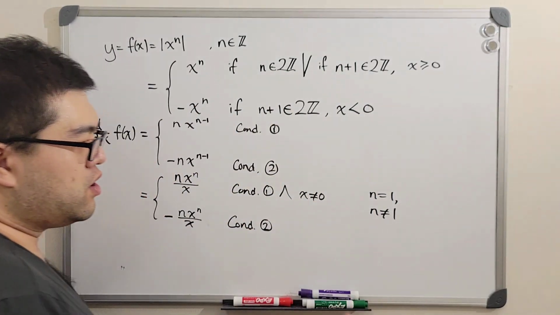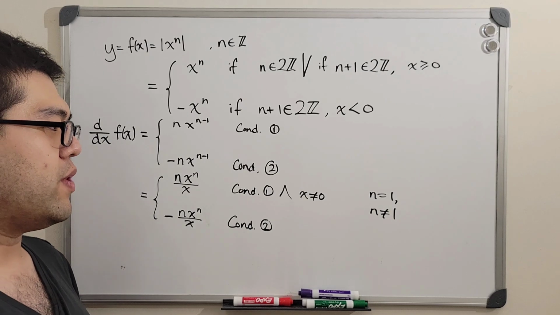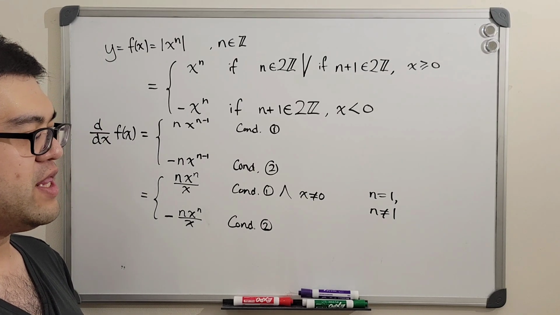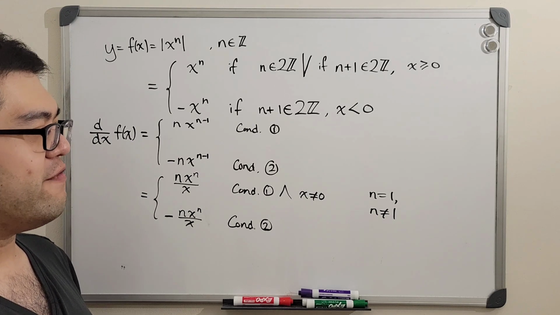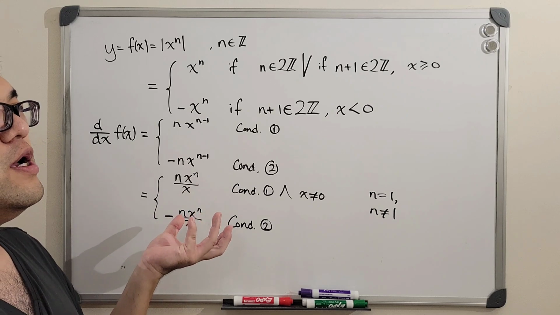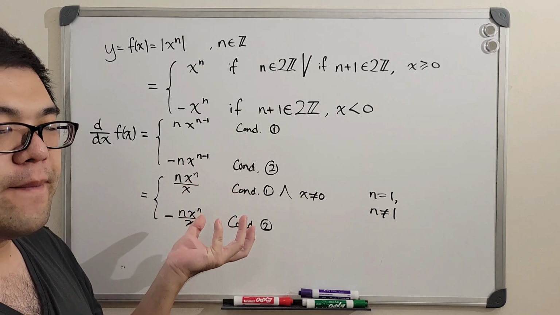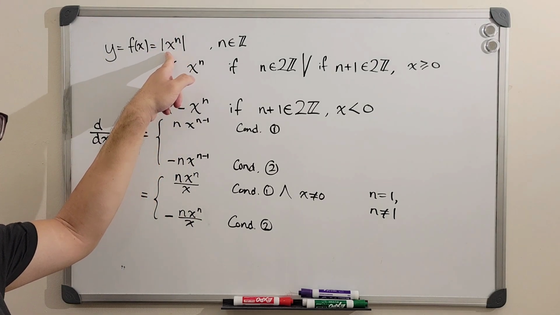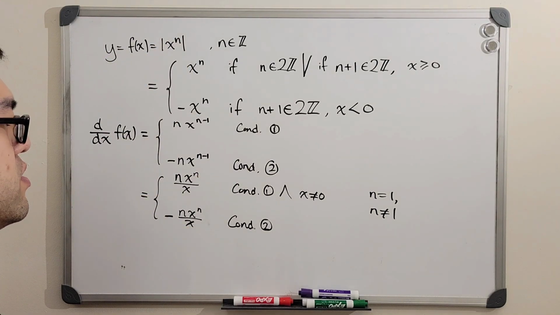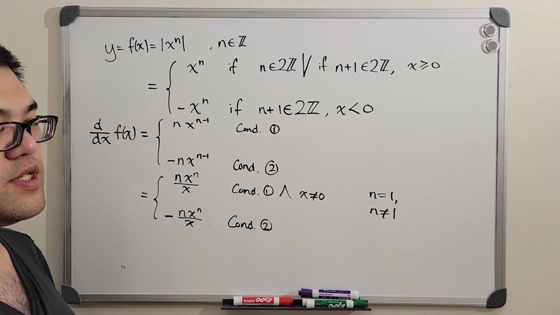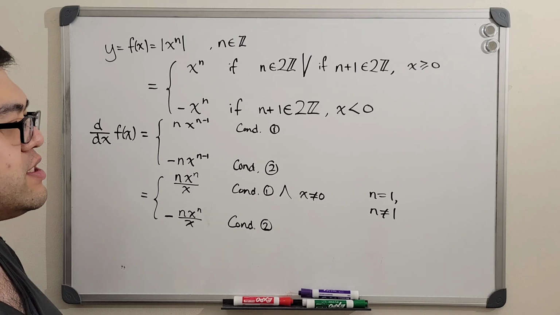In other words, we need to think of the case when n is 2 or more, or n is negative. But if n is negative, x equals 0 is originally not in the domain anyway, because we will never be able to substitute into our original function and define it, even if there is no absolute sign. So that is not a problem.